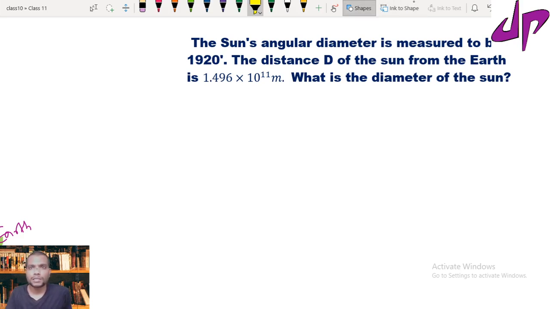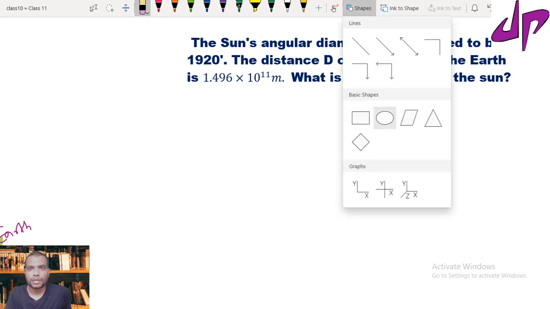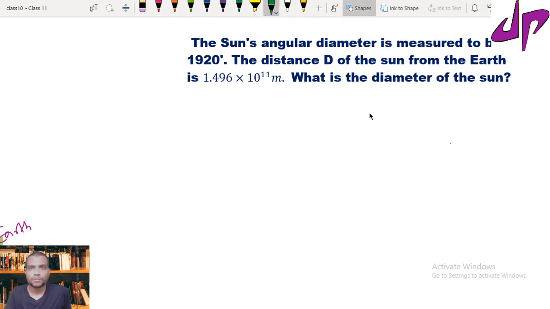In this case we just need to do the opposite. Let me draw one more time. So this is the sun, and we need to measure the sun's diameter.